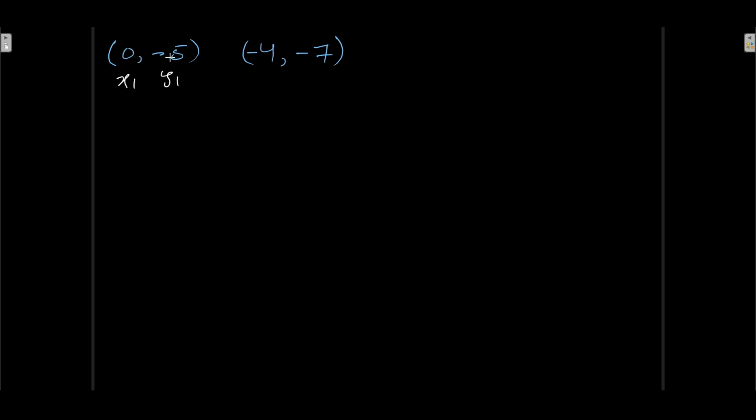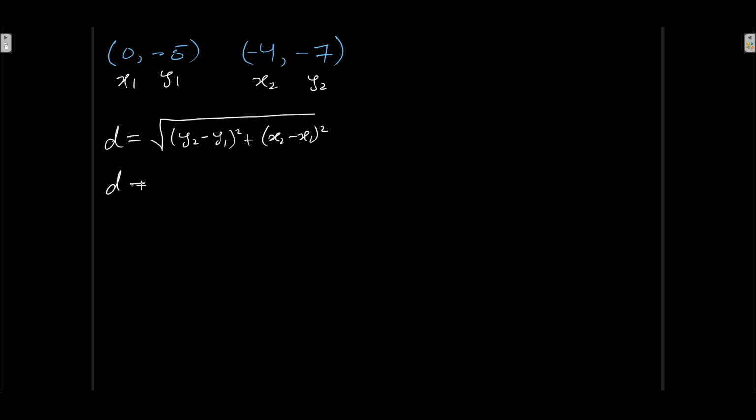So this is x1, y1, and this is x2 and y2. Secondly, you just have to write the formula, which is d is equal to square root of y2 minus y1 whole squared plus x2 minus x1 whole squared.